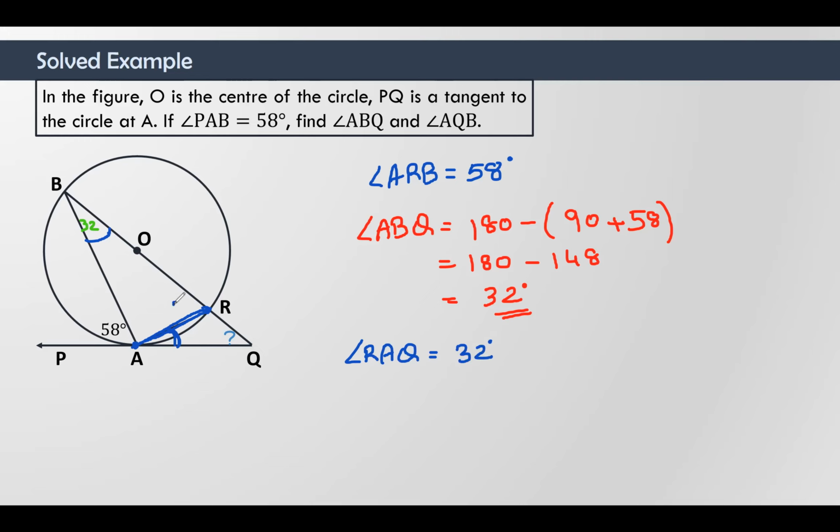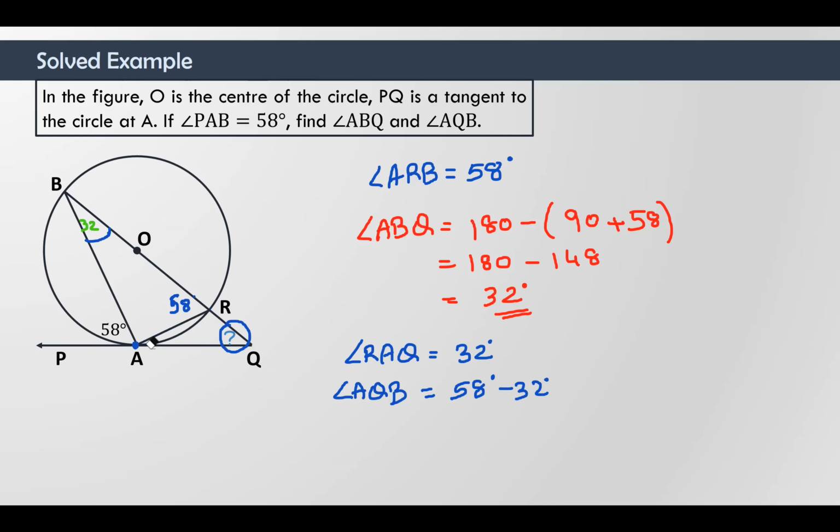We got this angle as 58 degrees. So angle AQB can be found out. Angle AQB is equal to 58 degrees minus 32 degrees by the property of exterior angle of a triangle.